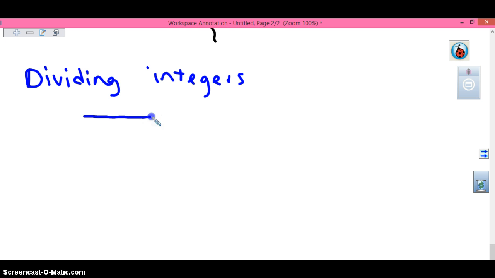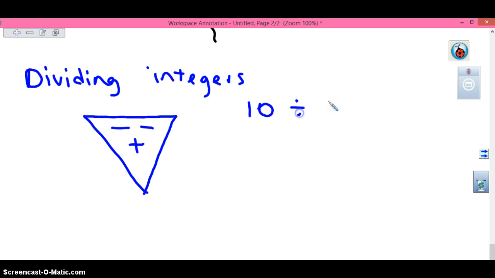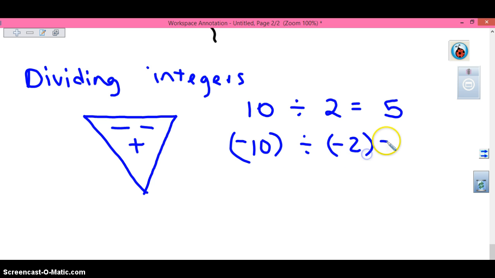If we're dividing integers, we use the same rules as we do for multiplying integers. That means that if we're dividing a positive by a positive, our answer will be a positive. If we're dividing a negative by a negative, our answer will be a positive.